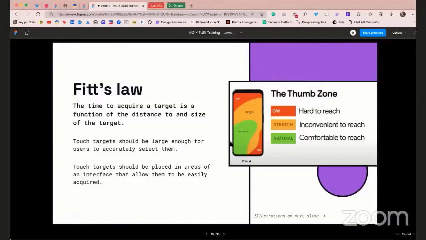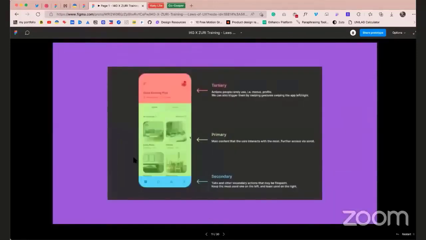That's why most times when you see apps, the navigation bar is always below. The home screen is always to the left, because that is very easy to click. Yes, this is a perfect example, right? So the middle part is the primary part. The main content is here, and it is easier for you to reach as a user.